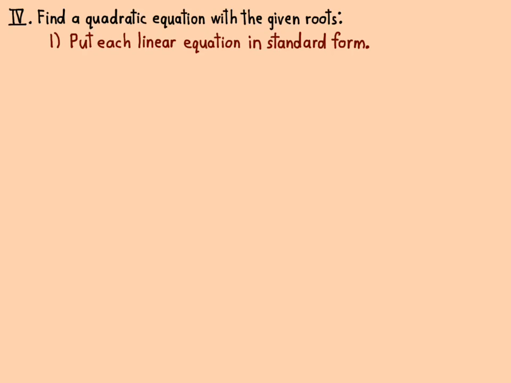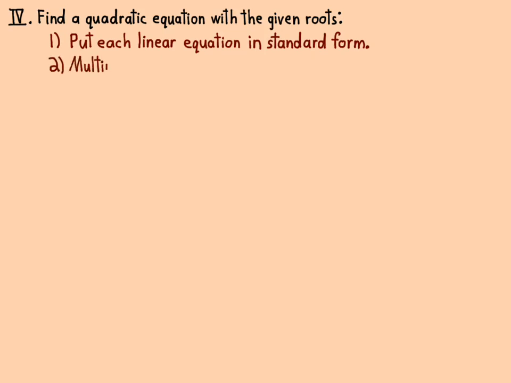Okay? So these are the 2 steps. Well, there's 3 actually. The way that your text wants the answers written, there's a 3rd step. It's not necessary in theory, but I think they want you to do that 3rd step anyway. So the first step is they're going to give you the roots, which you can write as equations: x equals the root, x equals the second root, like that.